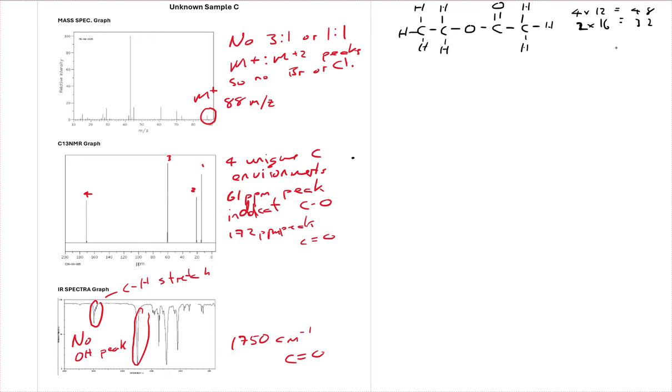And then we have 1, 2, 3, 4, 5, 6, 7, 8 hydrogens, so 8 times 1 is 8. Now if we add all of this up, 32 plus 48 plus 8, we get a molar mass of 88 grams per mole.